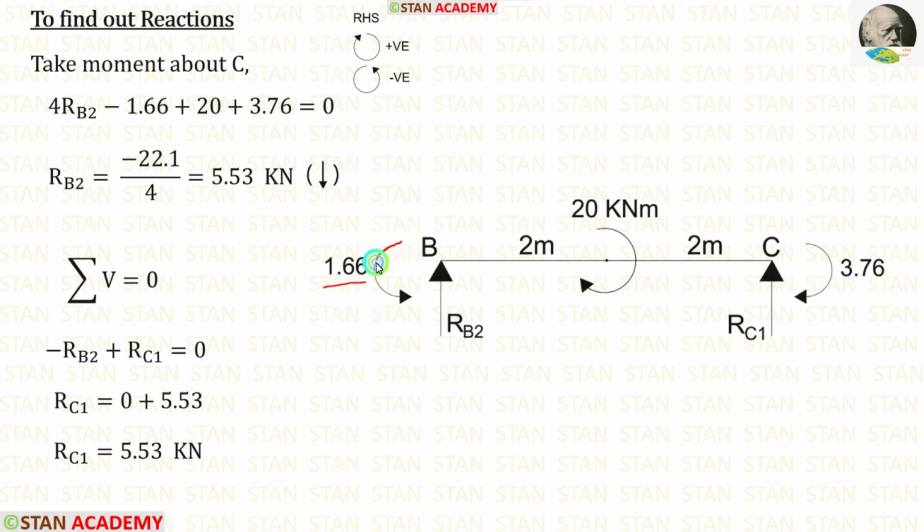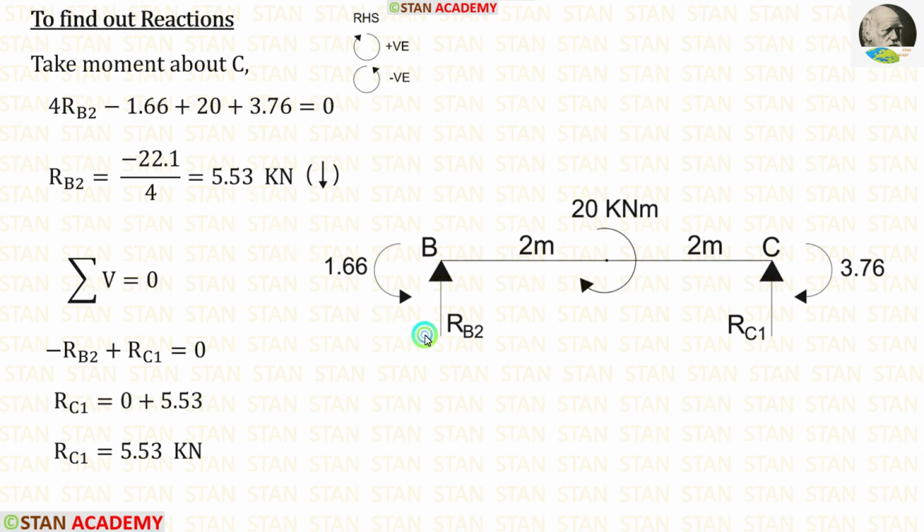1.66 moment is acting in the anticlockwise direction, so it will be negative. The moments 20 and 3.76 are acting in the clockwise direction, so both of them are positive. Finally, we are getting RB2 5.53 kN. For RB2, we got a negative value.